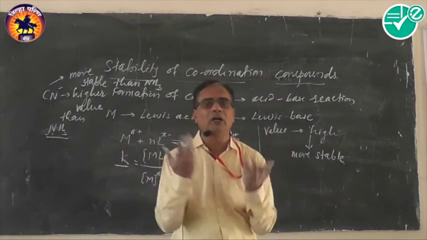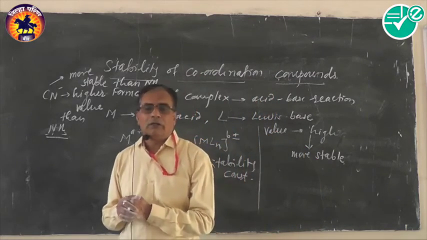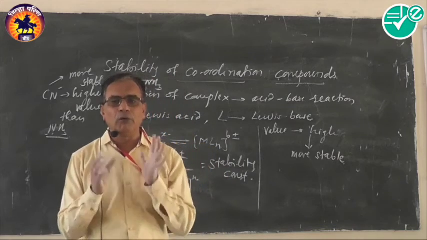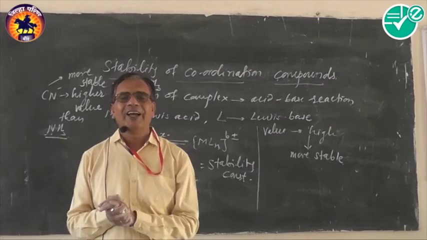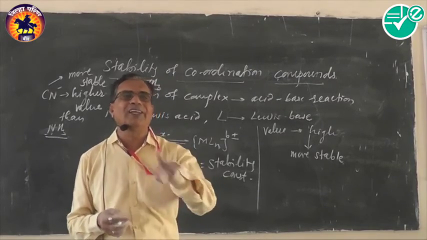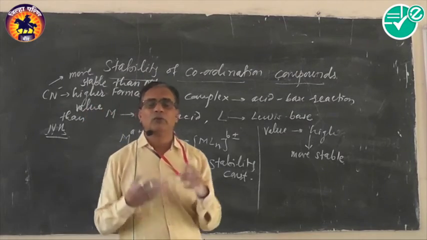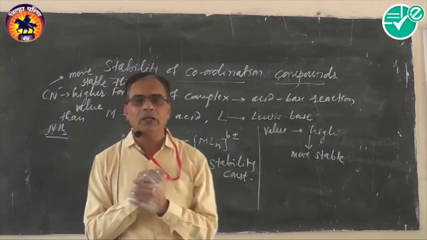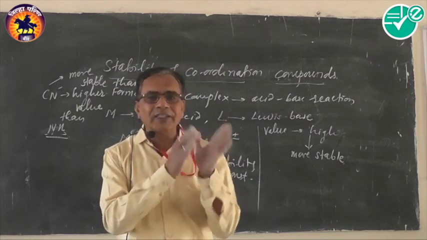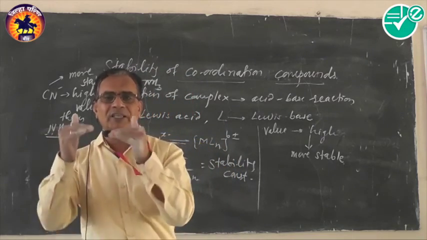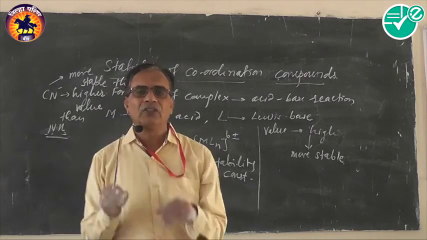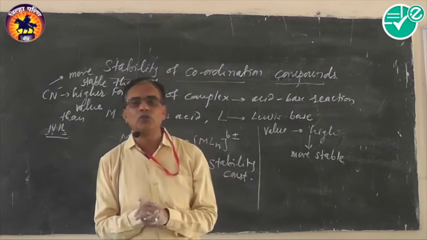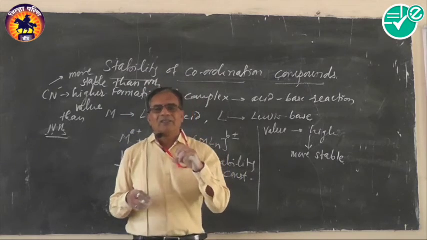You may be given different values of the equilibrium constant or stability constant for 3 to 4 complexes, and asked which of the following is more stable, which is less stable, or the increasing or decreasing order of stability of the complexes.